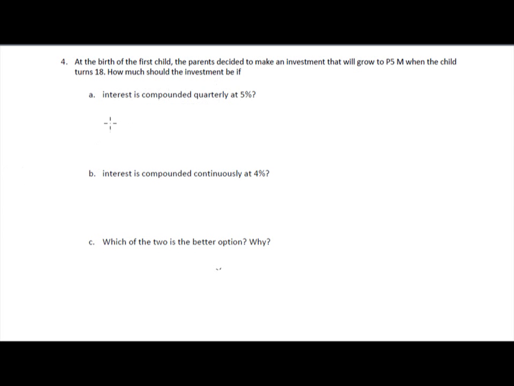So for the compounded quarterly, the amount can be obtained from the amount of our investment, the P, the amount of investment, 1 plus the rate over the M, how many times in a year, and then that M times the time, so how many years.